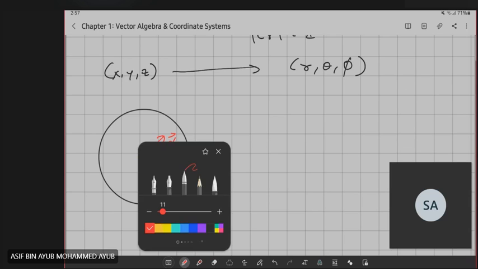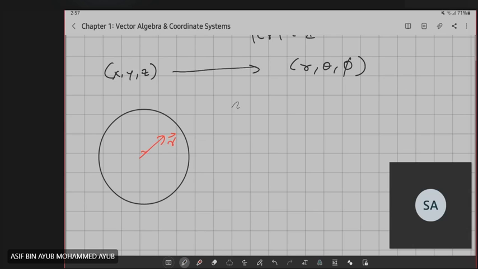You can intuitively tell that if you have a point from the origin 0, 0, 0, and this point is x, y, and z, the distance from 0, 0, 0 to x, y, and z is r, the radius of the sphere. But it's also the square root of x squared plus y squared plus z squared.